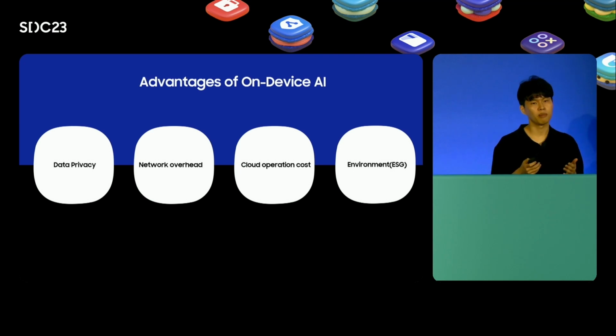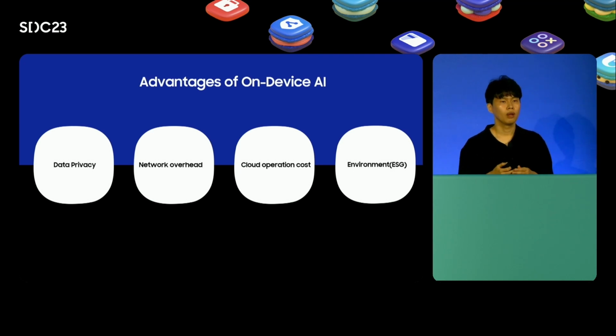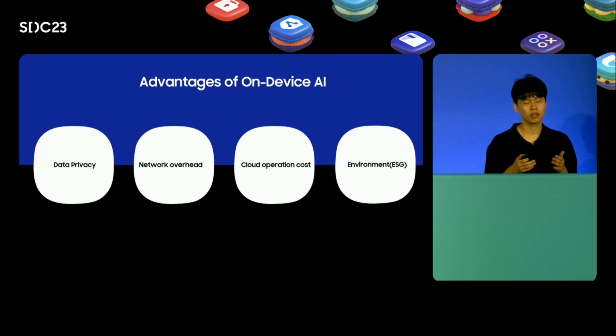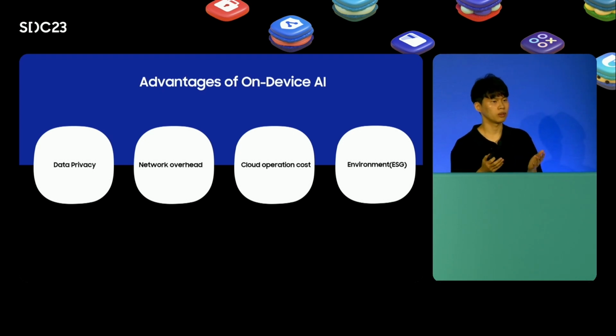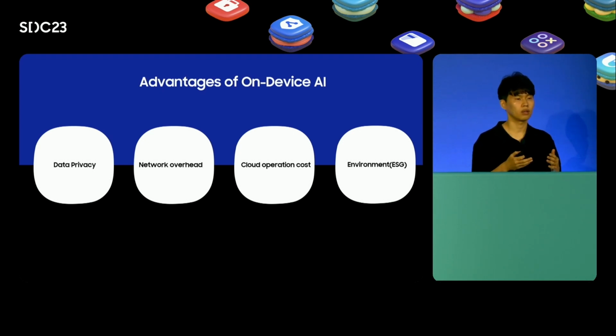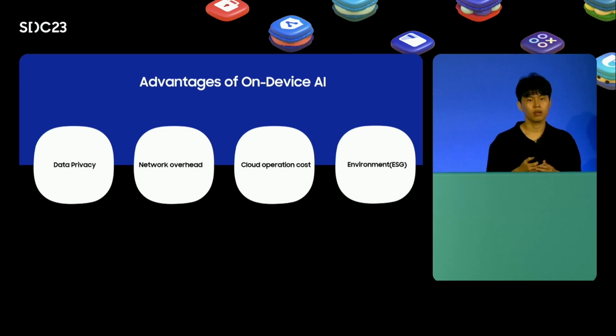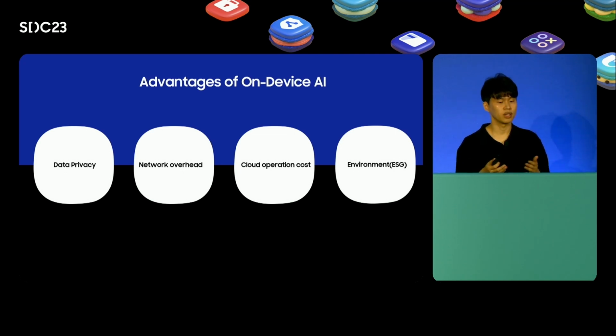Cloud operation cost matters too. On-device AI reduces the cloud operation cost dramatically, and also reduces the energy consumption and carbon footprint significantly.